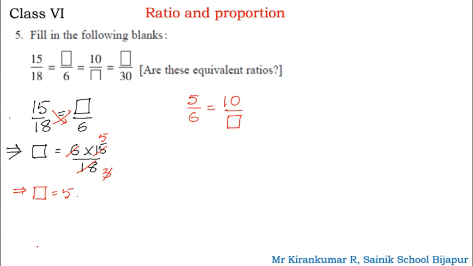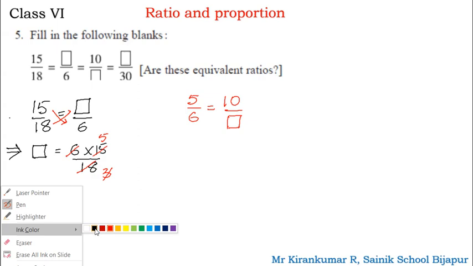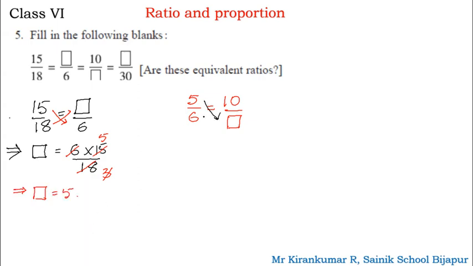Once again let us do cross multiplication. This is how we cross multiply. We get this missing one as 10 times 6 divided by 5. 5 2 times is 10 and we get this missing box as 12.